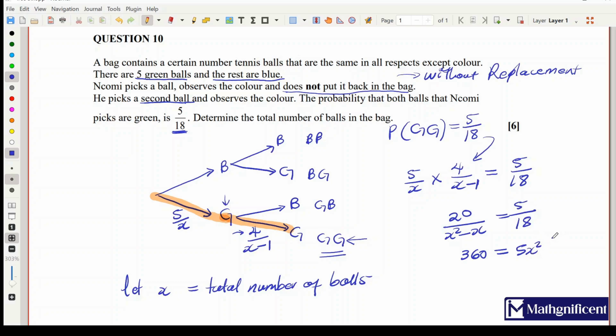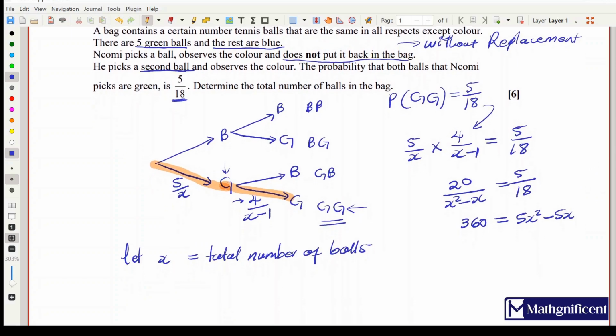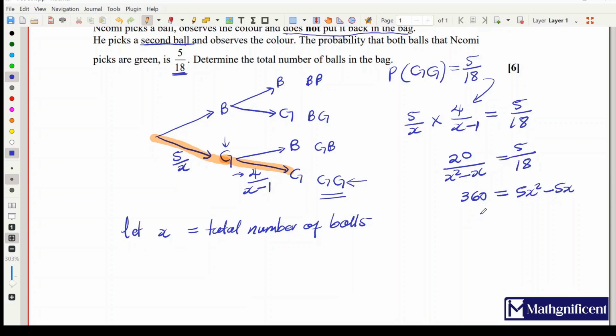Then 5 times that negative x again, that is going to give us negative 5x. So this is what we have here. So what can we do in order to solve for x here? We know that we can just write this in standard form. In standard form, we can have 5x squared minus 5x, and then minus 360, which is equal to 0.